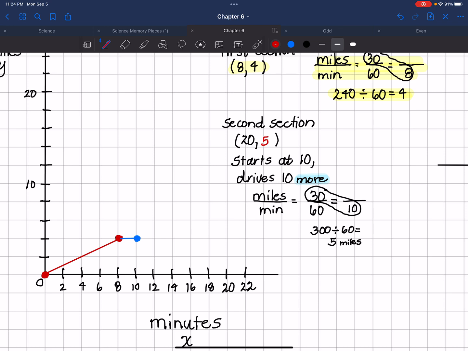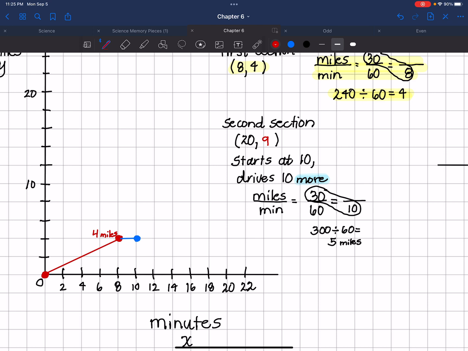So what are we going to add it to? When she stopped at the red light, she was at 4 miles. I know this is hard for some folks to see. It's a tough problem. When the light turned green, she was still only 4 miles into her journey. So we're going to add 5 to that. 5 plus 4 is 9.